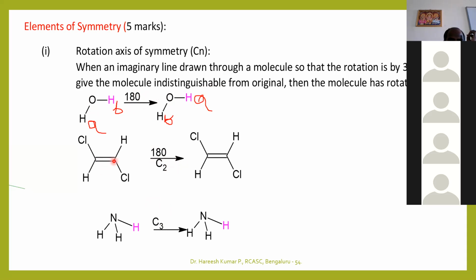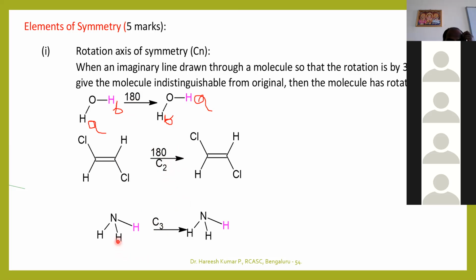Similarly, 1,2-dichloroethene exhibits a C2 axis of symmetry, and it will give you an indistinguishable compound at 180 degree rotation. You need to remember that this is called a C2 axis, this is also a C2 axis, and this is a C3 axis. C2 means 180 degree rotation, C3 means 120 degree rotation.